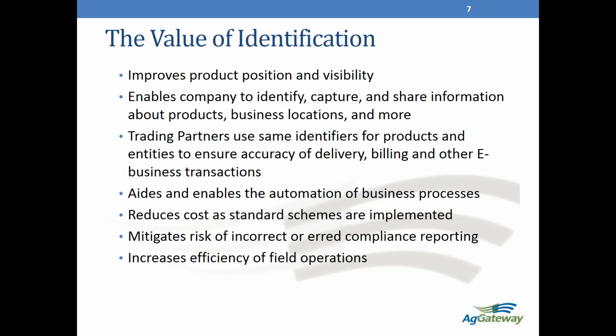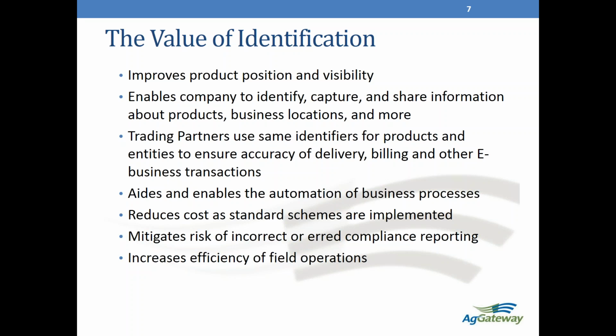So the value of identification, we've asked our AgGateway members and AGIIS subscribers, what really is the value of identifying something and how has that provided back to your organization? And here's some of the things that we've been told. Number one, it improves product position and visibility. It enables companies to identify, capture, and share information about products, businesses, locations, and more.